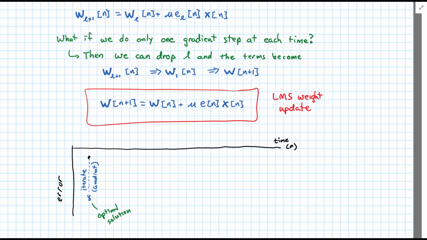Or we could skip the iterations altogether, and we could solve the normal equation, and when a new sample came in, we would just immediately come down to our optimal solution, and our error would be very small.